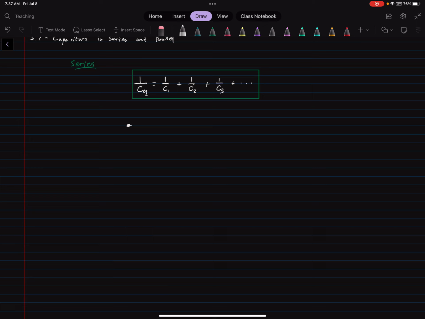Okay, so let's say we have two capacitors in series. This will be our first, this will be our second. And then I'll just call these point A and point B. We can identify a point C here in the middle.